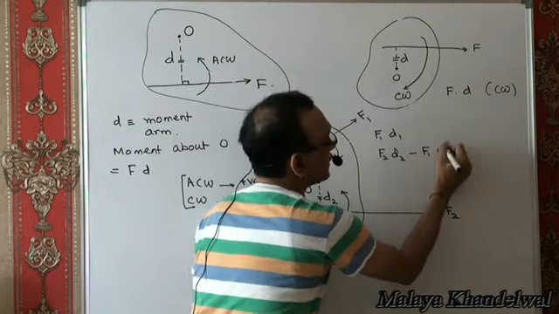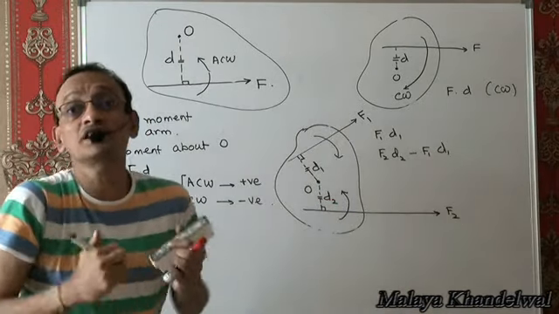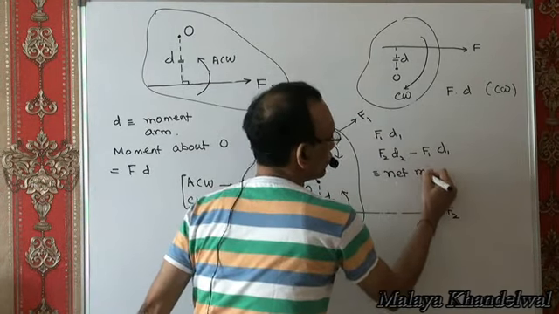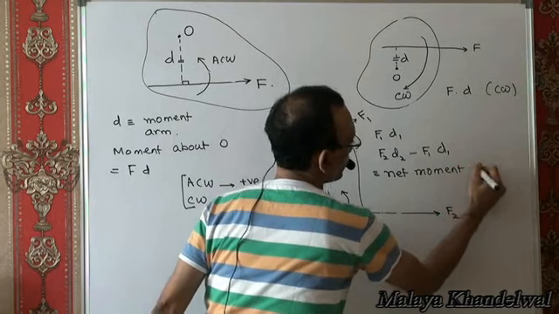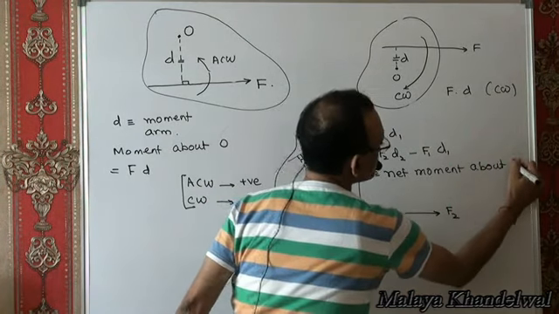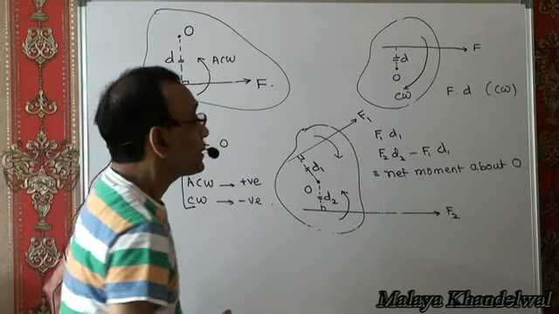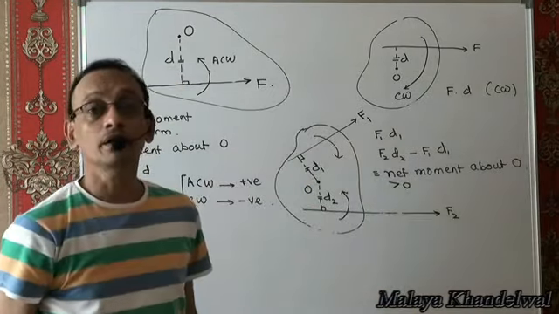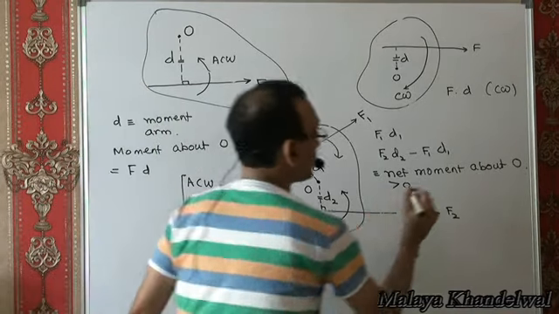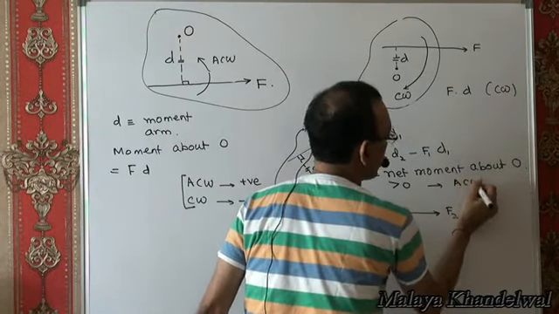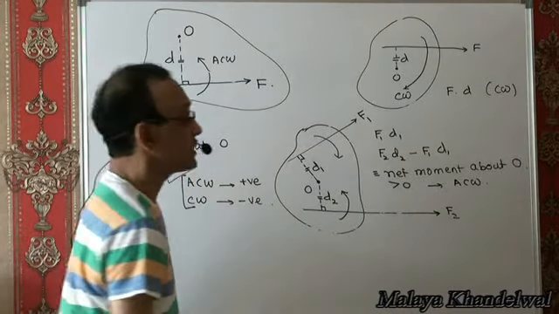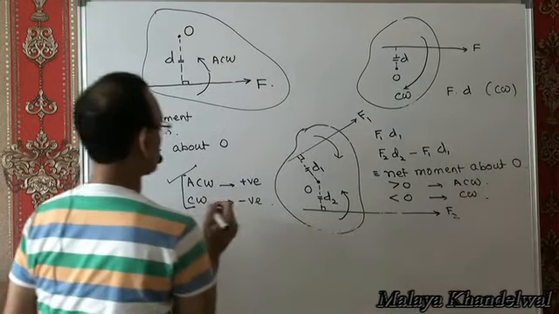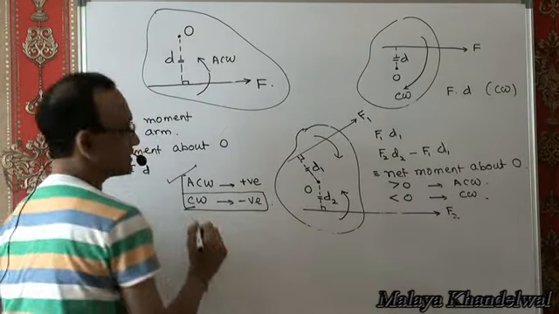So this is the net turning effect, or the net moment about O. And if the net moment about O is positive, then the net turning effect is anti-clockwise, because we have taken anti-clockwise positive. And if less than 0, then the net turning effect is clockwise, because we have taken clockwise to be negative in the sign convention, right?